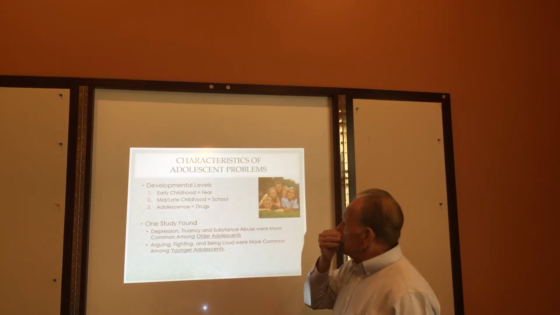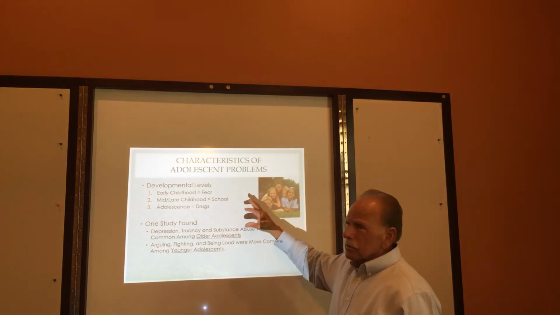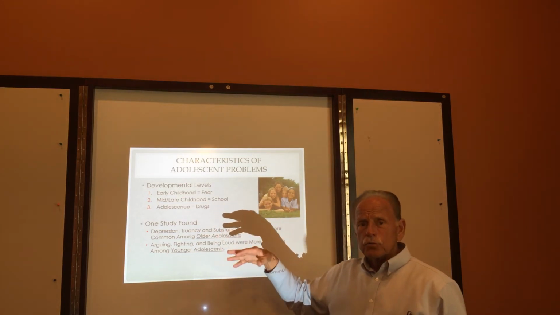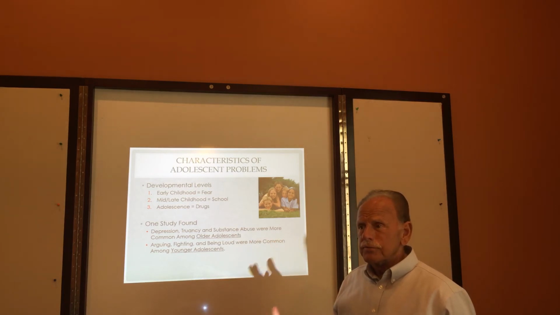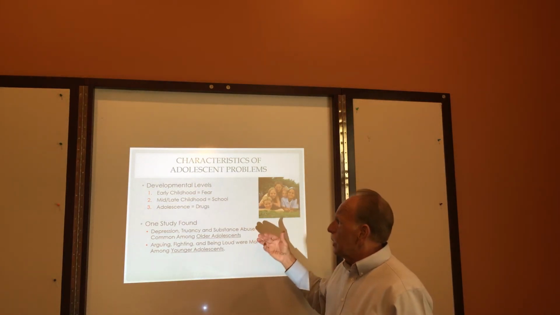Just a general basis that you can expect would be typical. In early childhood, you're going to see problems with fear, because the world's a big place for small children, the fear of the unknown. Grown-ups are big people, and this would be quite normal.